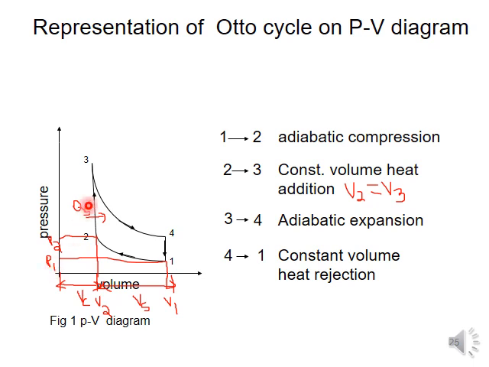Observe that 2 and 3 are at the same volume. So V2 is equal to V3. This is the process about 2 to 3. Work done is 0. There is an increase in entropy and internal energy.